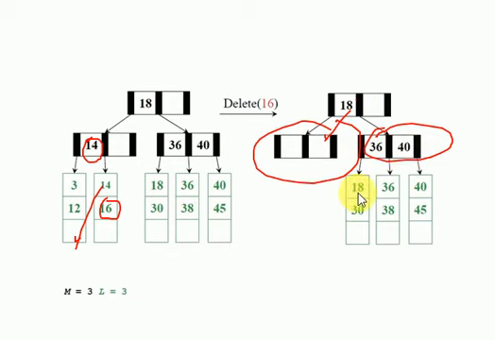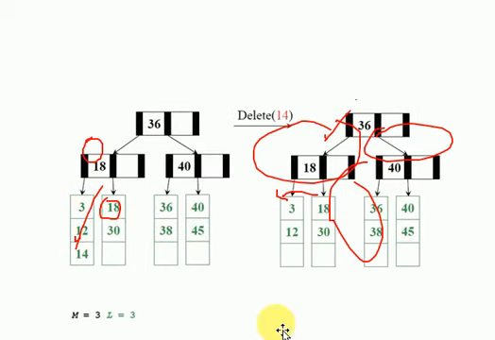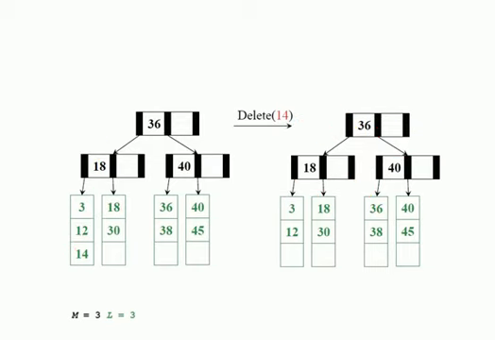And so this 18 and 30 will shift to this left side, and we'll get the resultant tree looking like this. 18, 30 shifted here, 36, 38 is here, and 40, 45 is shifted over here.